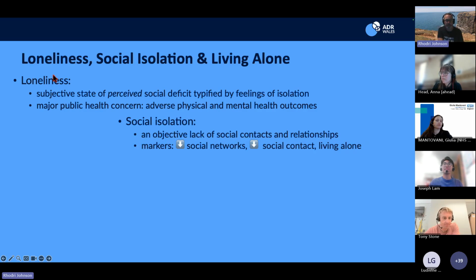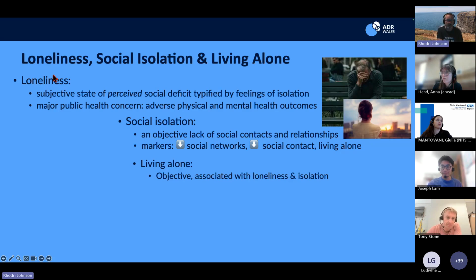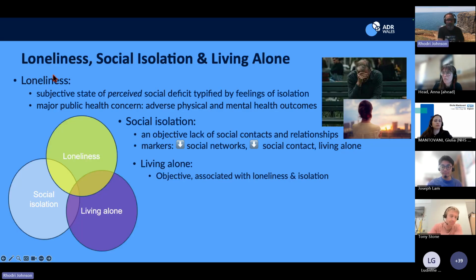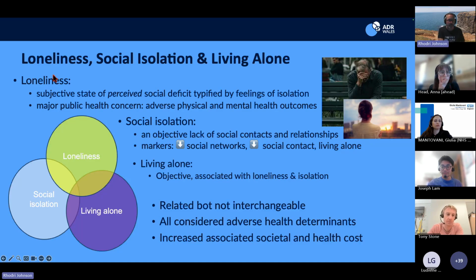Markers include a reduction in social networks, reduction in social contacts, and living alone. Living alone, an objective measure associated with loneliness and isolation. The three fit together, related but not interchangeable, all considered to be determinants of adverse health, with increased societal and health costs, a burden on the population.